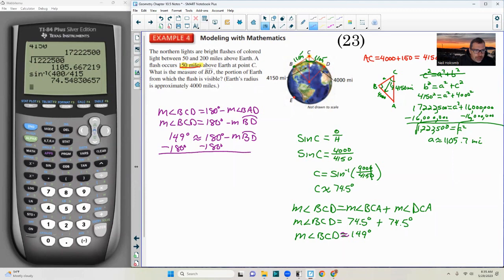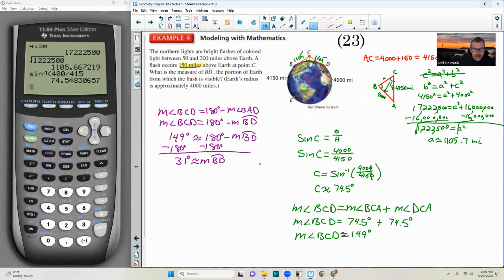And that is going to give me an approximation. Measure of BD is approximately 180 minus 149, which is 31 degrees. Okay, because if I subtract this, I'm going to get a negative on both sides, and I just delete the negative, or multiply both sides by -1. So the measure of arc BD is approximately 31 degrees. So this is approximately 31 degrees.